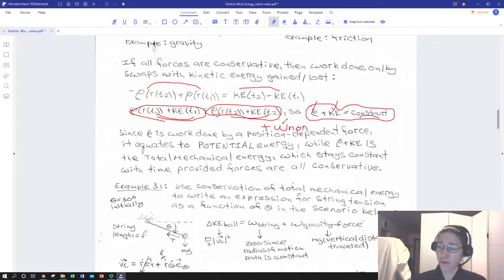So we just have to throw them into the tally and add up the work that they do and be sure we remember that whatever we started with, we're going to have to subtract the work of those non-conservative forces to get an expression for our ending state.